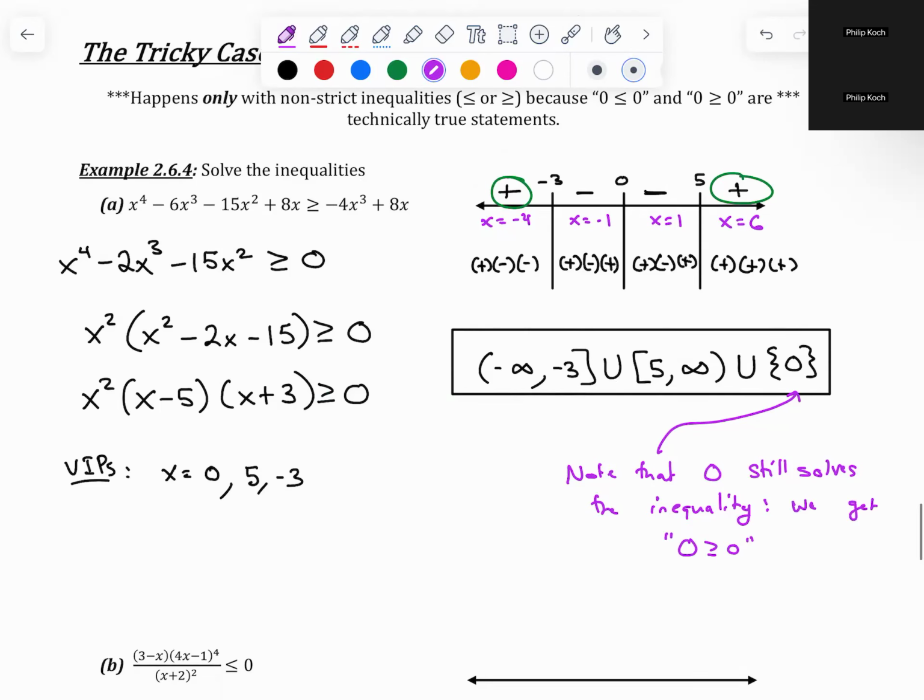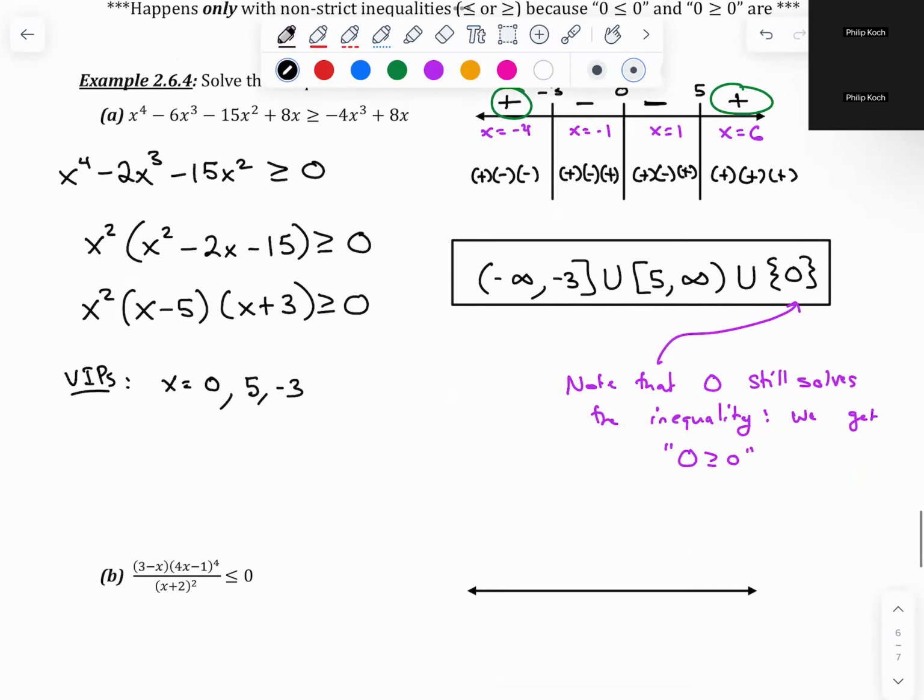So if you're looking at the graph of this function, what it looks like, here is -3, here is 5. What the curve will look like is it'll go, that's a cubic, right? Wait, no, that's a quartic.